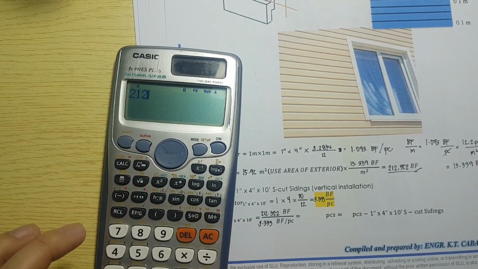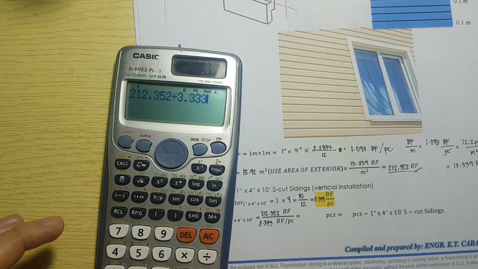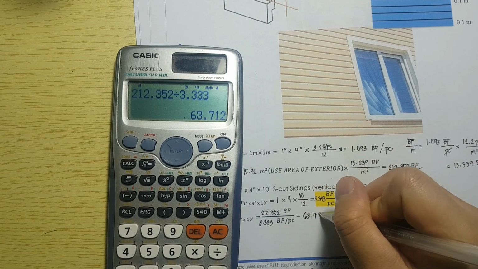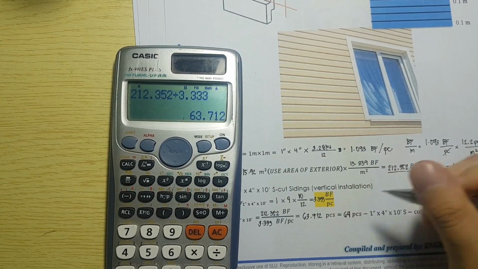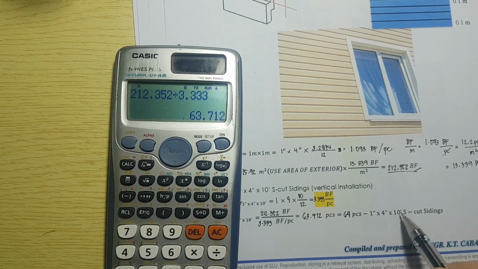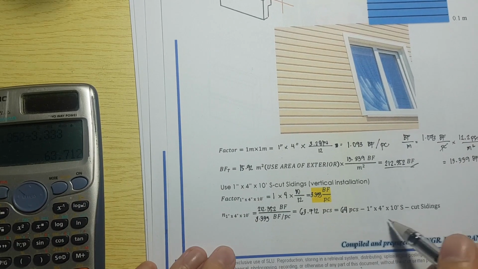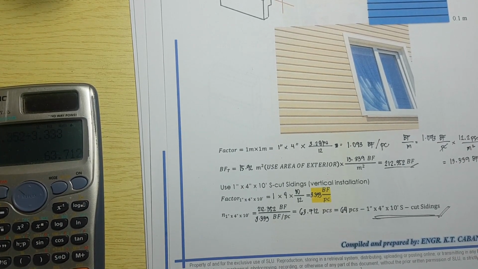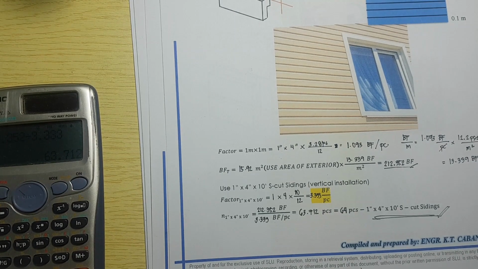So 212.352 divided by 3.333, and that is equivalent to 63.712 pieces, or we round it up to 64 pieces of 1 by 4 by 10 S-cut sidings. So yan, ito yung final value that we are going to order from our supplier. Okay, so I'll see you in example number 2.